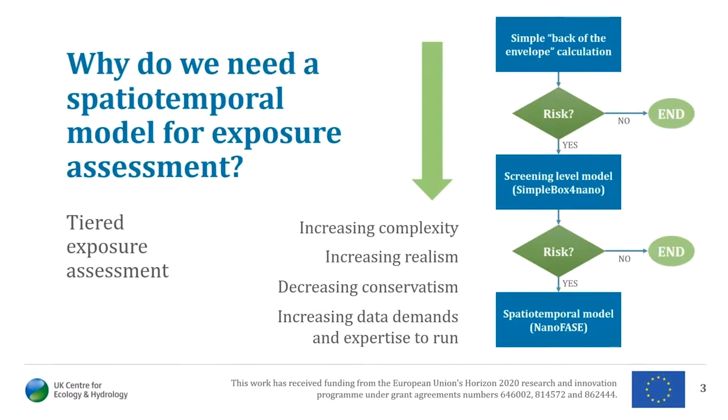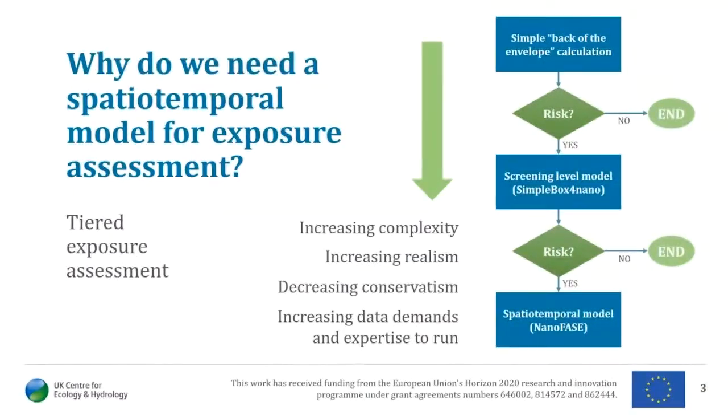But if that simple calculation comes back and says, well, actually, there might be a risk, then you can go on to a more realistic model. And one example of that, as we've just seen, is Simplebox for nano, and so on and so forth. The idea here is that as you move through these tiers, you're decreasing the conservatism, but you're increasing the realism of the model.